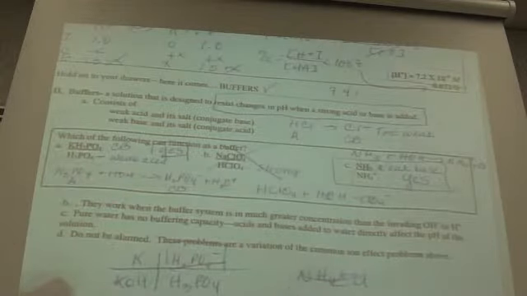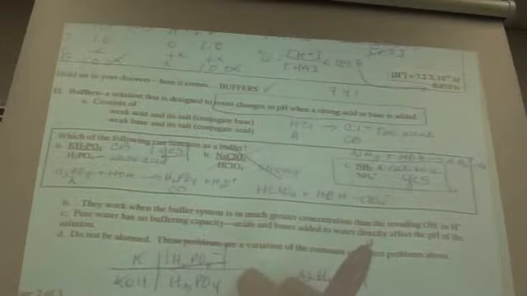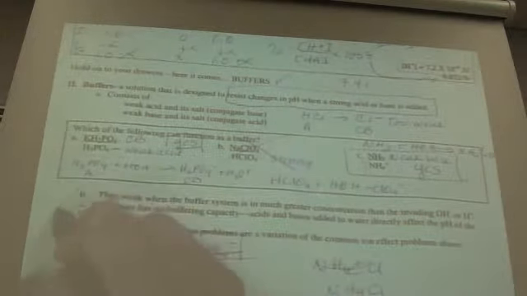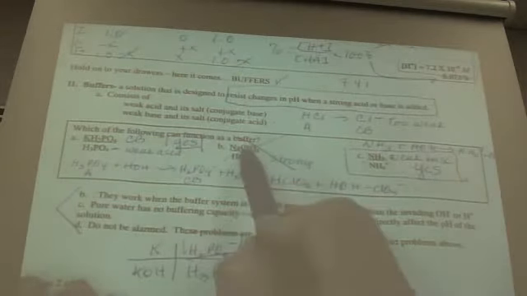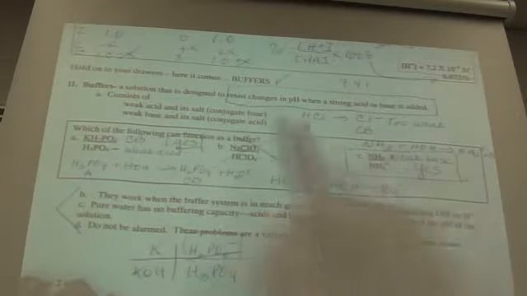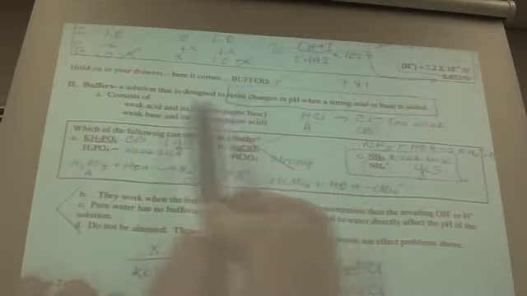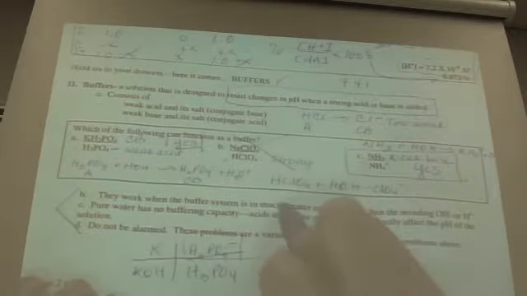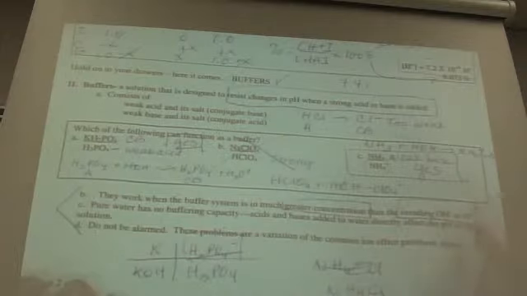This can get really complex, and I'm going to take a derivation of an equation and have you use it the same way every single time. So follow along, do what I do. In order for a buffer system to work, the buffer system itself, the weak acid and its salt, or the weak acid and its conjugate base, or the weak base and its conjugate acid, or the weak base and its salt, has to be in much greater concentration than the invader, than what is going into it.